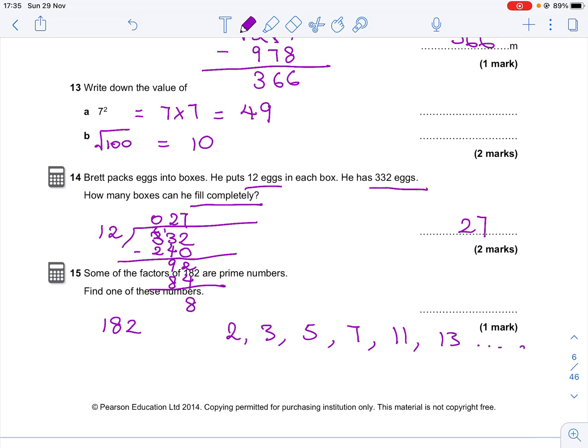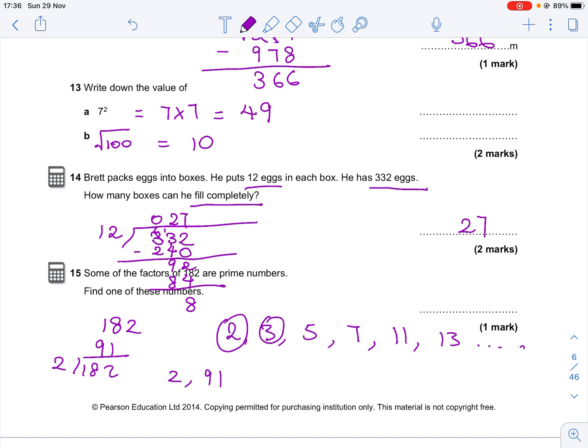We only need to say that one of those is a factor. The first one we could try is, is 182 divisible by 2? Yes. So the first one we could have is 2, because the factors are 2 and 91.